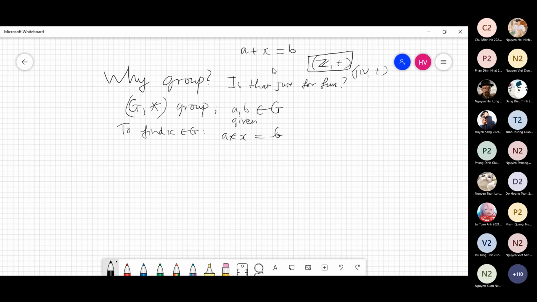This is not only in Z, not only in R with plus or with multiplication, but it's true for any other object which has the properties of a group. This means that we can apply our experience and our techniques that we had before to the new object. This is interesting.